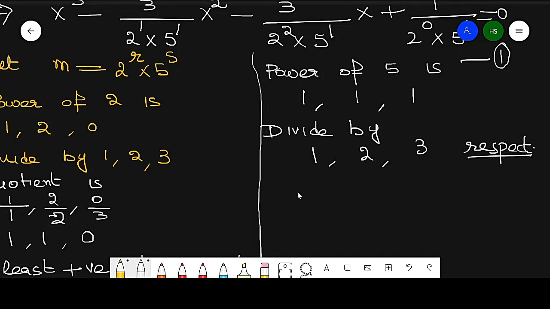So the quotients are 1 by 1, 1 by 2, 1 by 3.